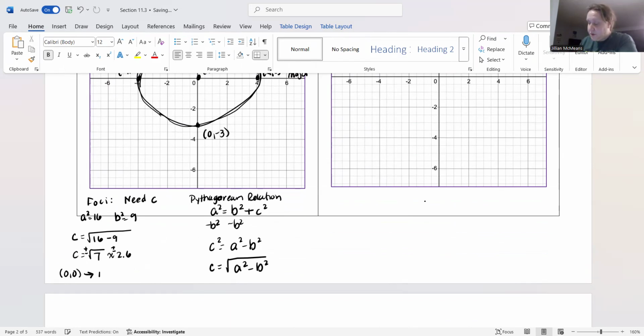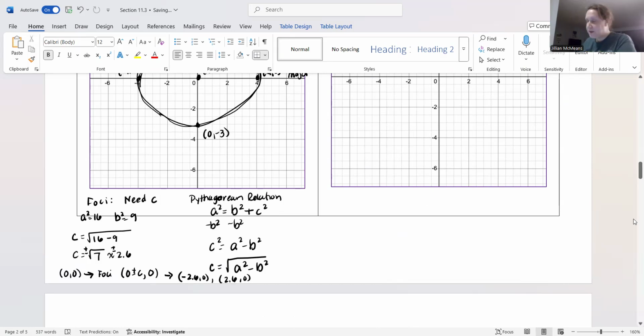So to get the foci, I'm going to take 0 plus or minus c. That's going to be my x coordinate, and then my y coordinate is just going to stay 0. So I'm still out of room. I'm going to get the ordered pairs negative 2.6 comma 0 and positive 2.6 comma 0.